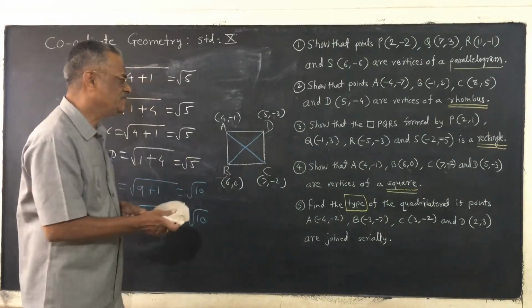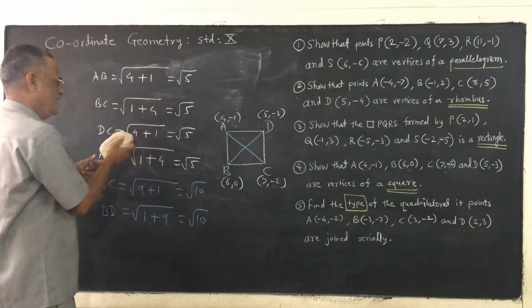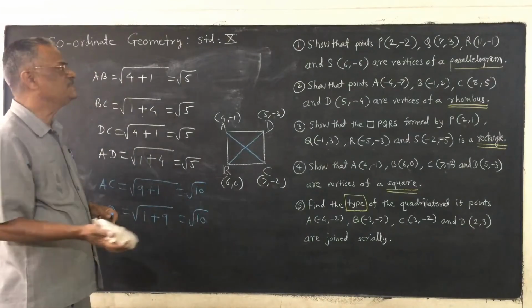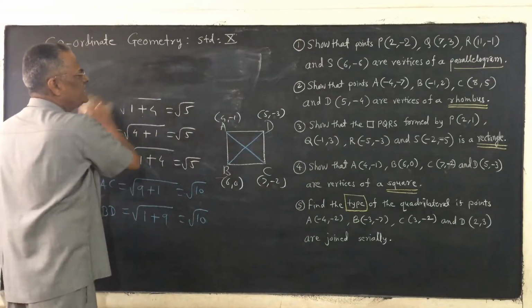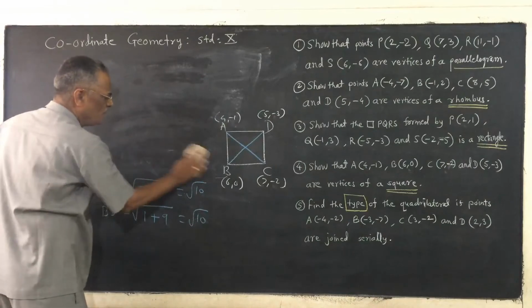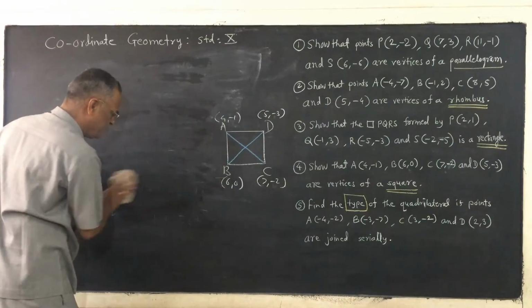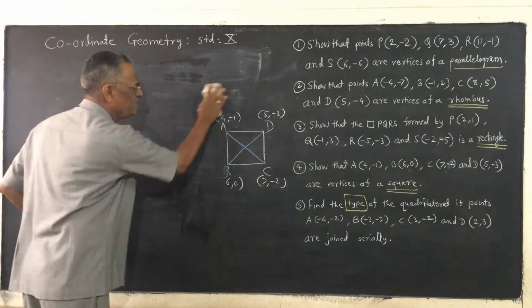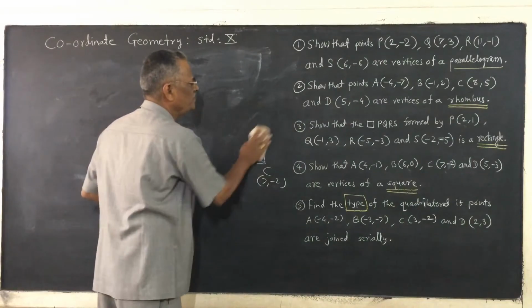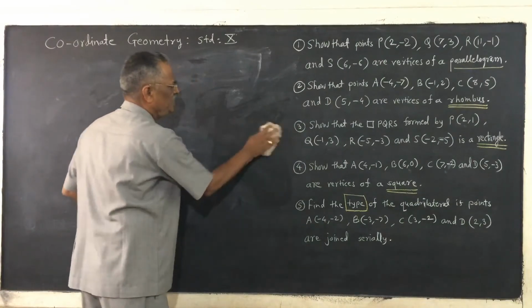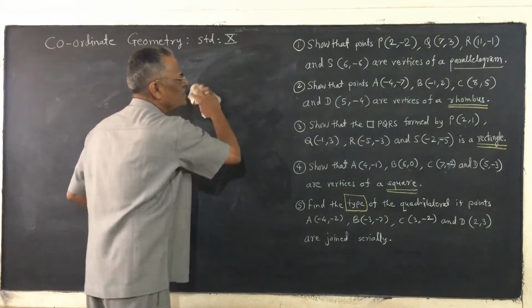So by using the distance formula properly, this is an interesting group for you. 4 vertices are given, and you are finding the type of the quadrilateral.